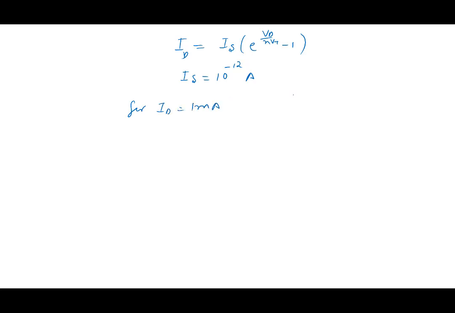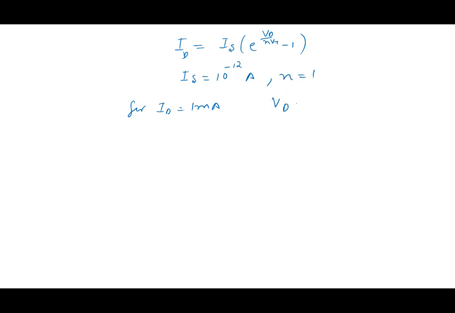So let's say now that you know the model here, I equal to IS e to the power VD by N VT minus 1. All of you do the following. Suppose I take IS equal to 10 to the power minus 12 amperes, for ID equal to 1 milliampere, and let's say N equal to 1.